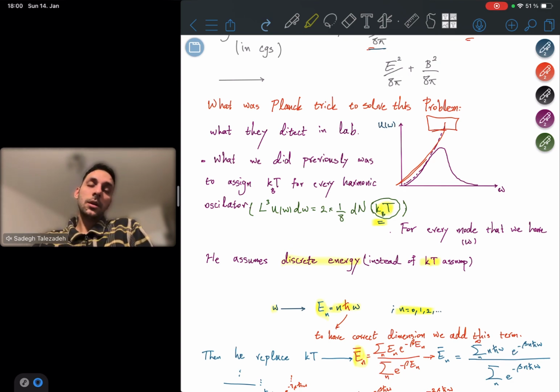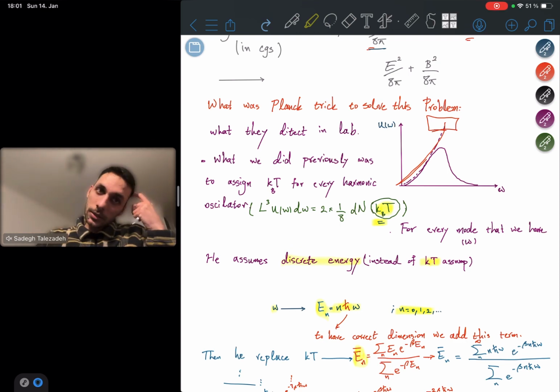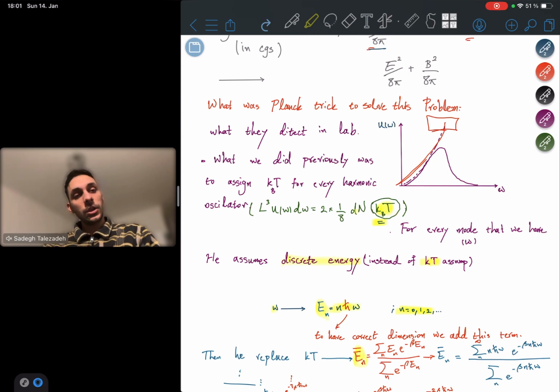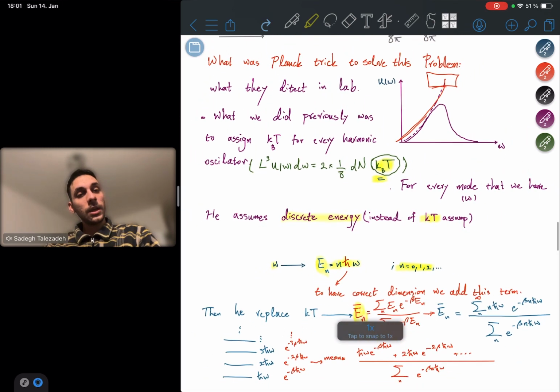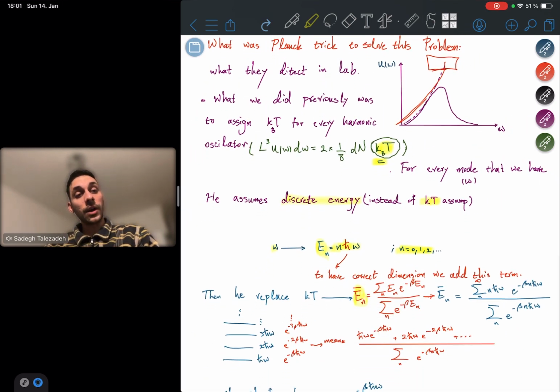So up to now we introduced the problem which they were facing in classical physics. And so Planck proposed a hypothesis to solve this problem. Instead of using kBT for each mode of the electric field, for example, he somehow assumed that our energy is discrete.